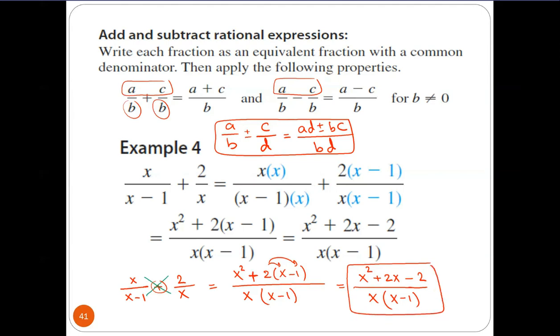This is the final result directly. So we can apply this one directly. No need to change it, the denominators are the same, at the same expression.